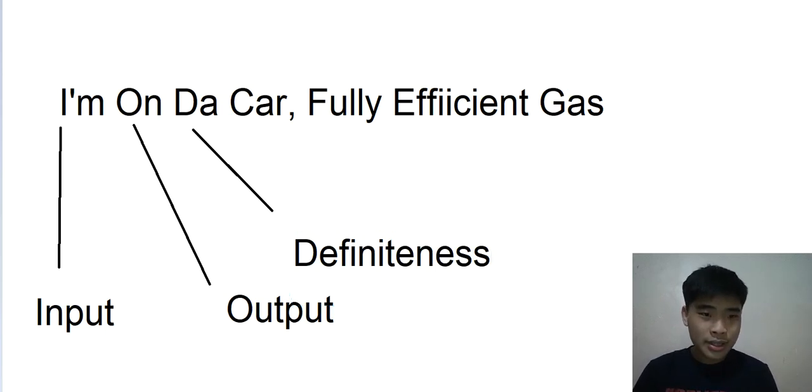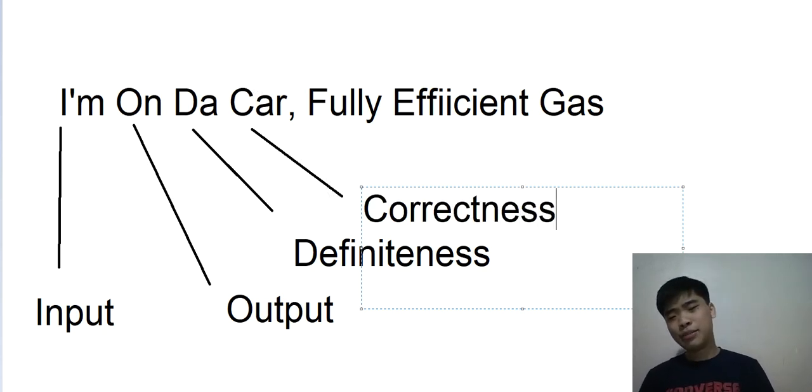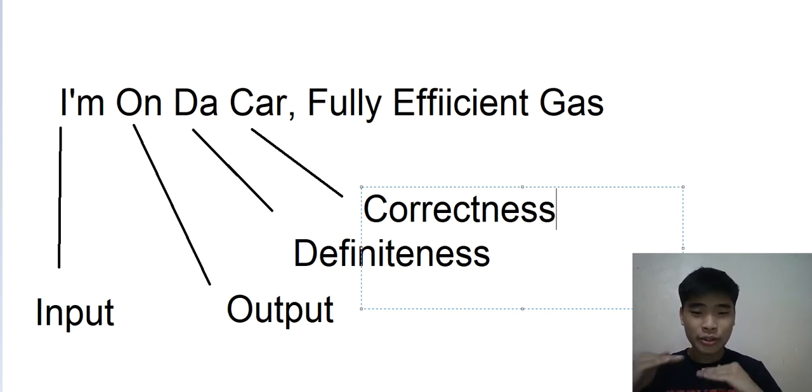So next is correctness. Every step in an algorithm should be logically correct such that the result that we need would be right, not wrong due to some logical errors.